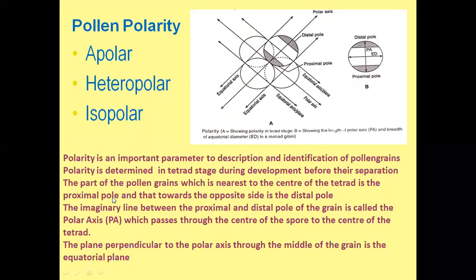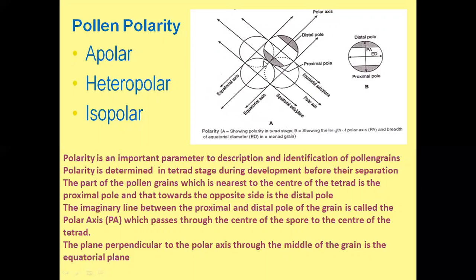The part of the pollen grain which is nearest to the center of the tetrad is called the proximal pole. The opposite side is the distal pole. What is meant by proximal pole? The proximal pole is the region of the tetrad nearest to the center. For example, these four pollen grains are there, nearest to the center.